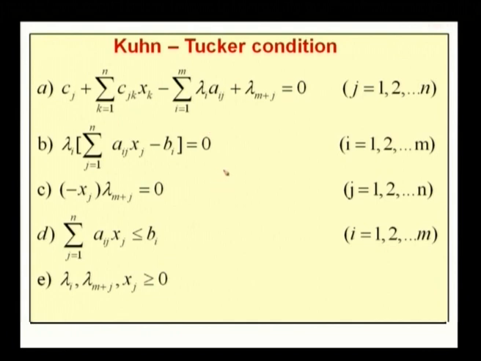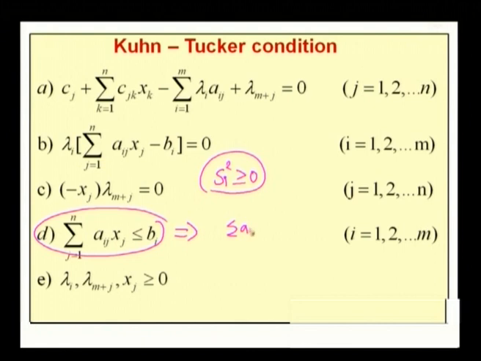Let us introduce the slack variable si squared, greater than or equal to 0, in equation D. Then equation D becomes summation aij xj plus si squared equal to bi. We name it equation D dash.